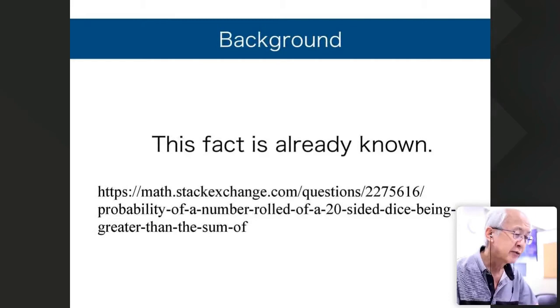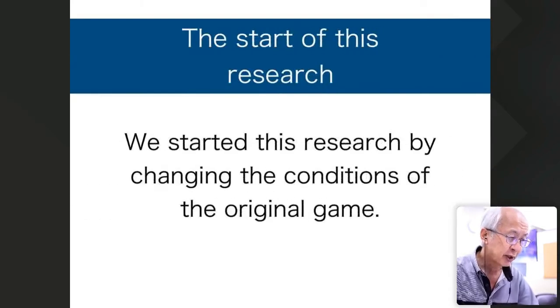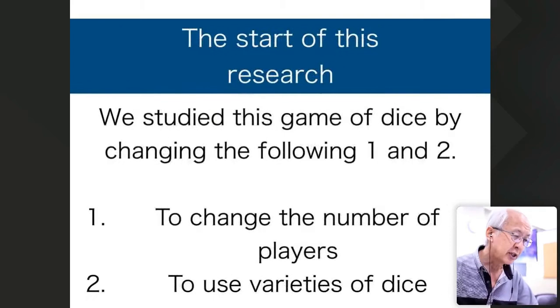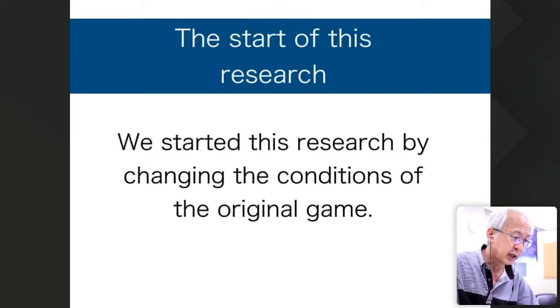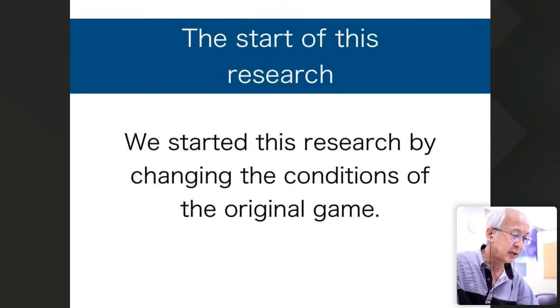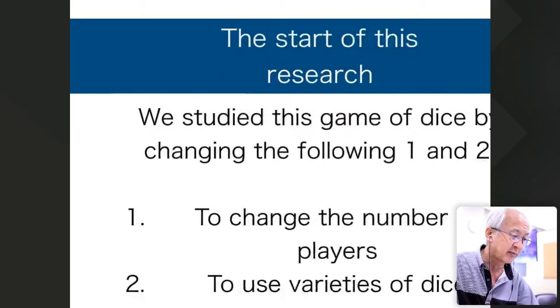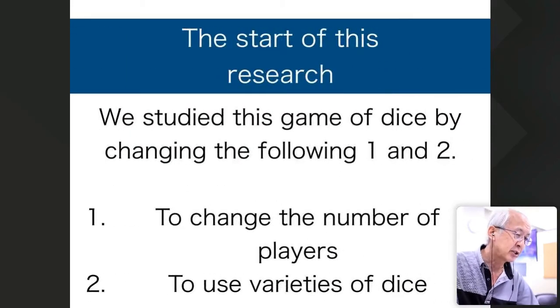This fact is already known, and many people think that this is a very interesting fact of elementary probability theory. We started this research by changing conditions of the original game. We study changes in two parts: changing the number of players and using varieties of dice.